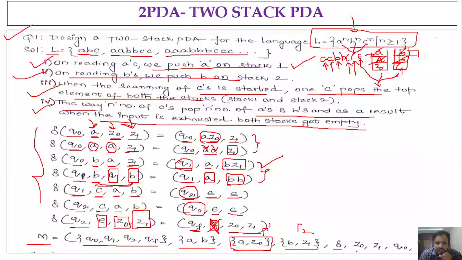Delta is the transition function, z0 is the bottom of stack 1, z1 is the bottom of stack 2, q0 is the starting state, and the set qf is the final state. Okay. So this is how we represent it in a mathematical representation. I hope this concept is clear.